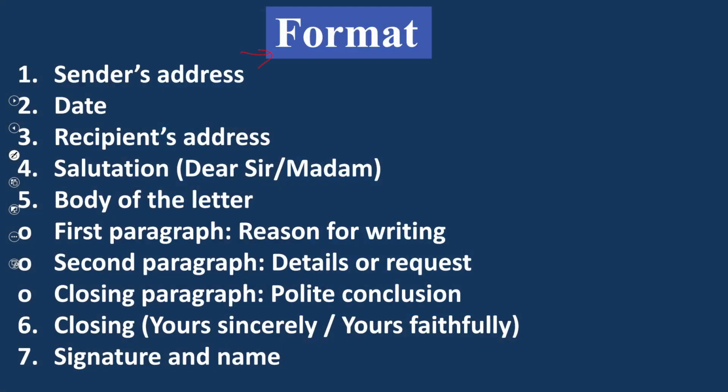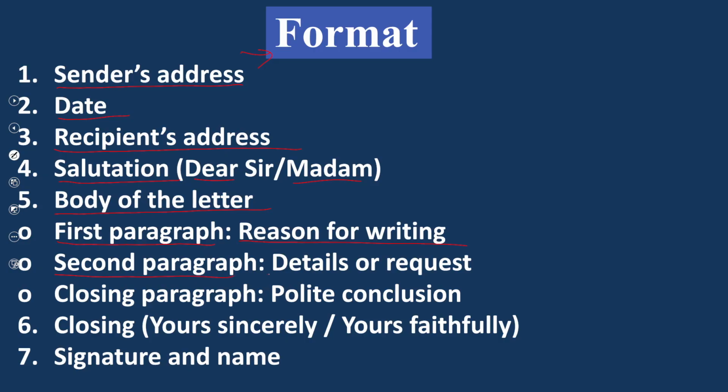Format of the letter or application. Sender's address will come first. After that, the date we have to mention, then the recipient's address, then salutation: dear sir or madam. These address names are called salutation. Then the body of the letter or application. First paragraph, reason for writing.